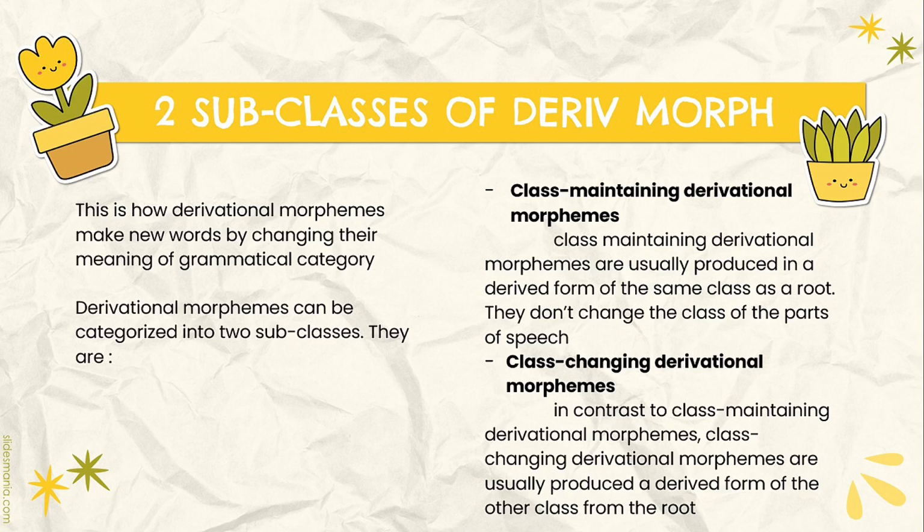They usually produce a derivative form of the same class as the root. They don't change the class of the parts of speech. And the second is class-changing derivational morphemes. In contrast to class-maintaining derivational morphemes, class-changing derivational morphemes usually produce a derivative form of another class from the root.